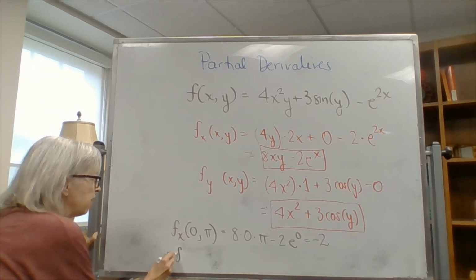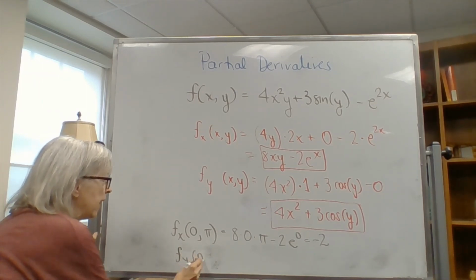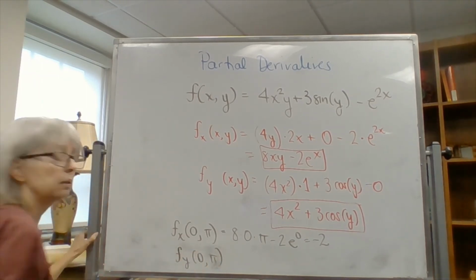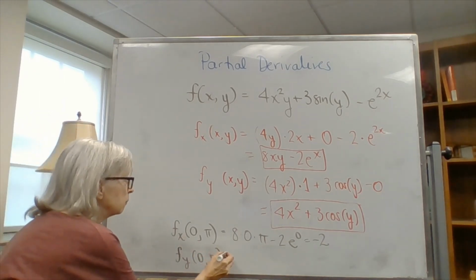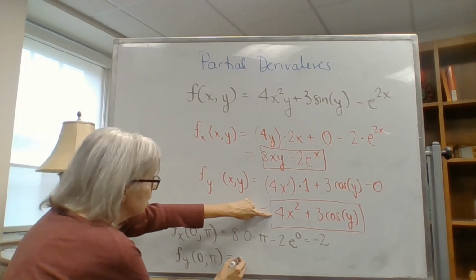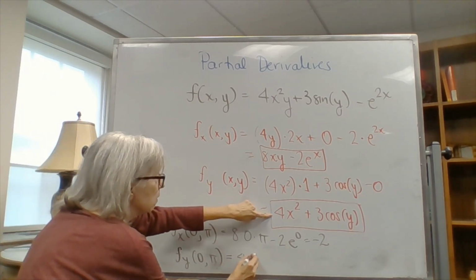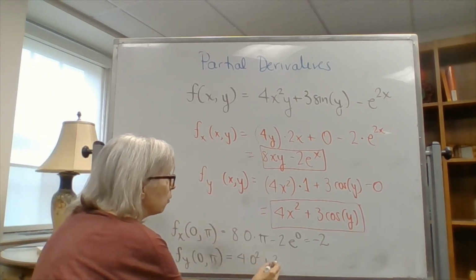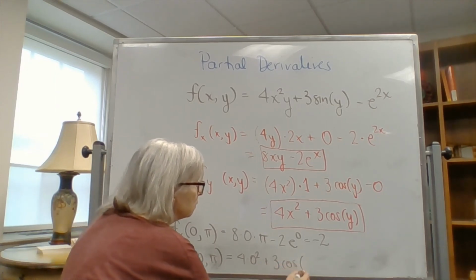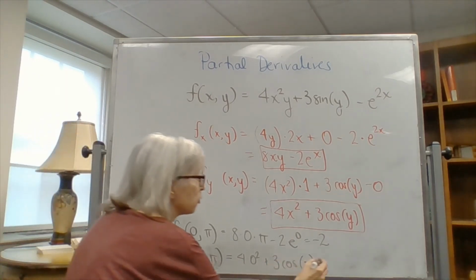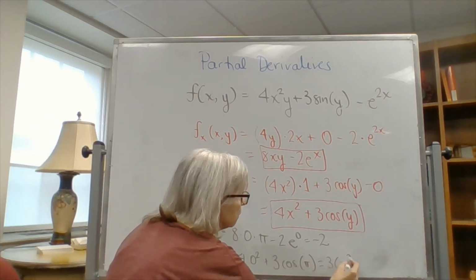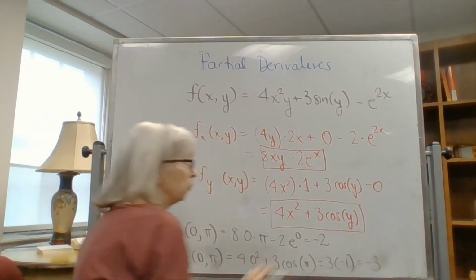What about if I'm standing at that same point and I choose to walk in the y direction, the positive y direction? Well, 0 for x, pi for y. I end up with 3 times negative 1, which is negative 3.